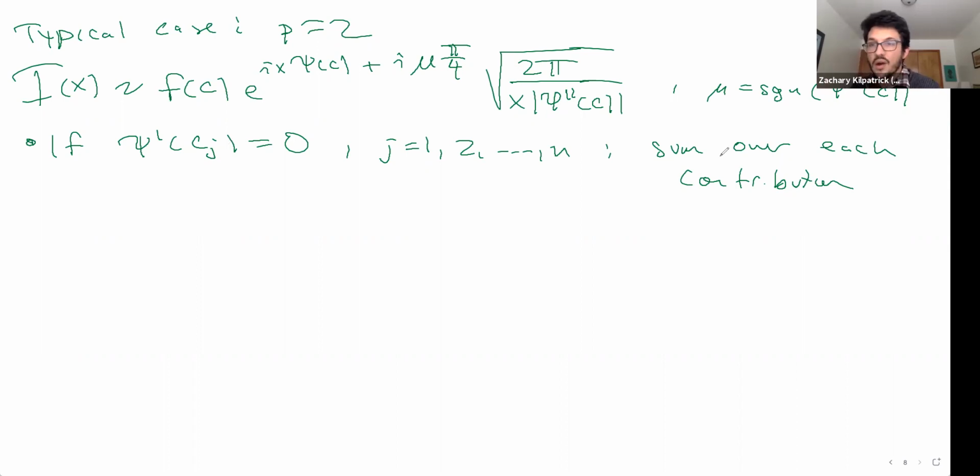If you want to go to higher order, as you'd imagine, you have to expand to higher order in your amplitude as well as your phase. But typically, these leading order approximations should be fairly accurate as long as x is large. Okay, that's all I have for today.